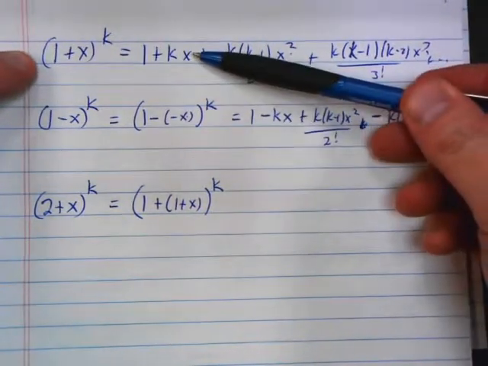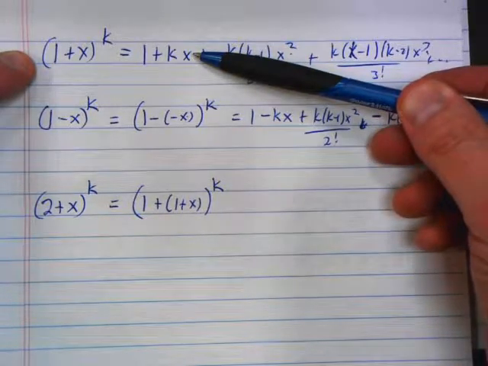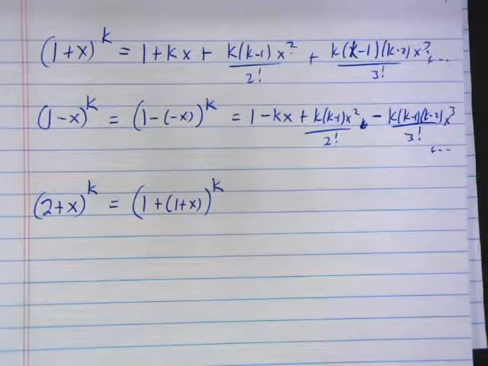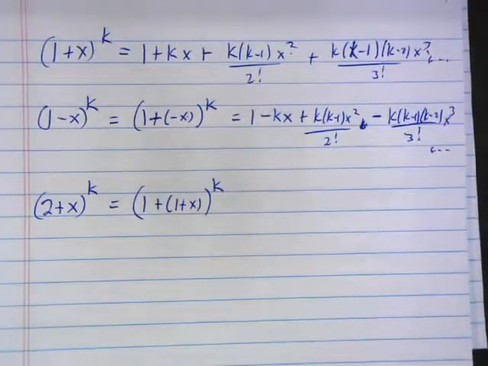Everywhere you see the letter x, you don't write the letter x anymore, you write 1 plus x. Okay? So that middle one would be 1 plus negative x? Yeah, that's the other thing, right? Yep. 1 plus negative x. Okay? So that's a very common technique.